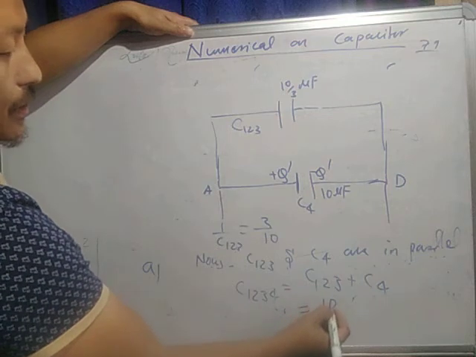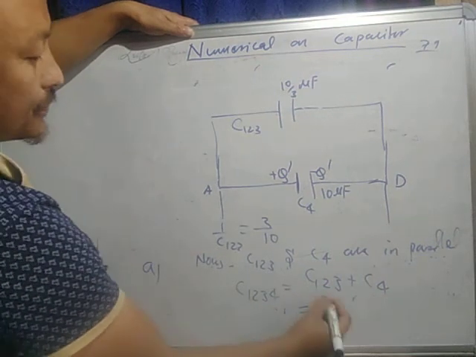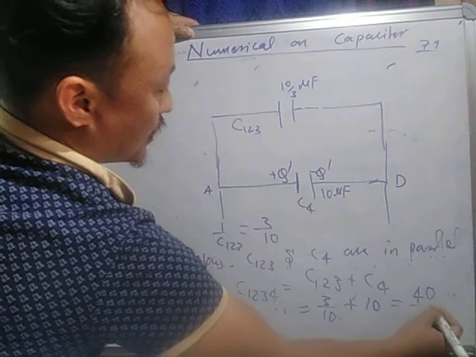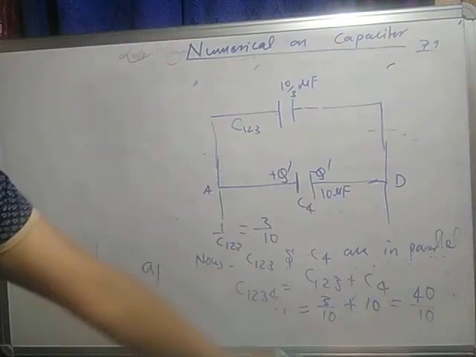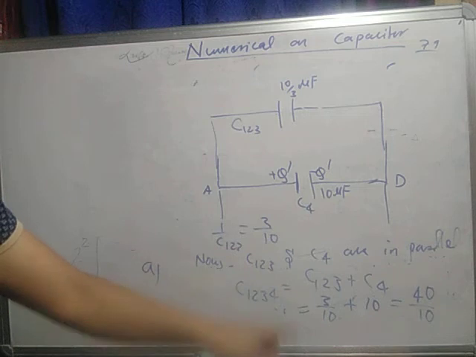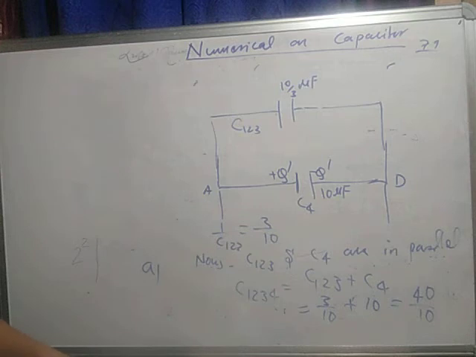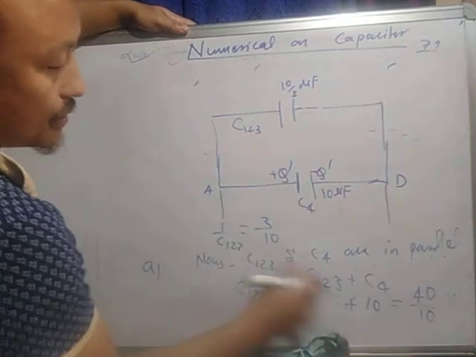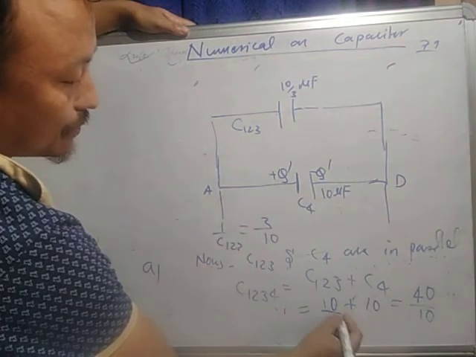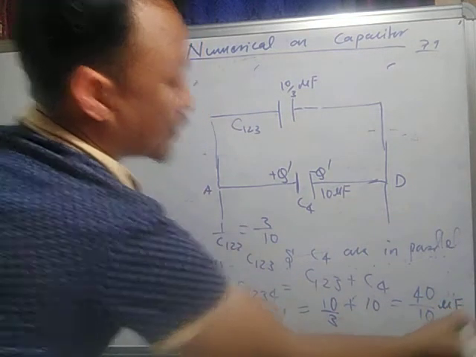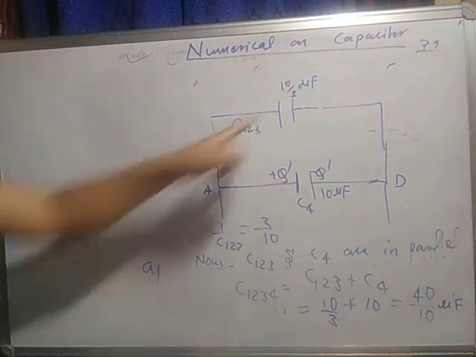So 3 by 10, sorry, this is 10 by 3, it is upside down, plus C4, which is 10. So this would be 40 by 3 microfarad.